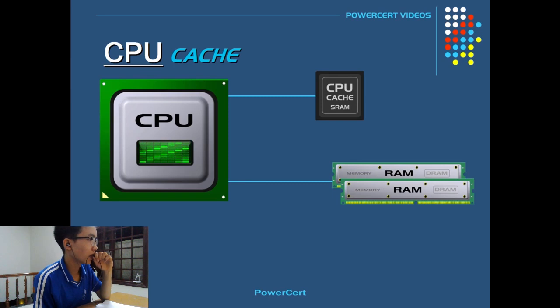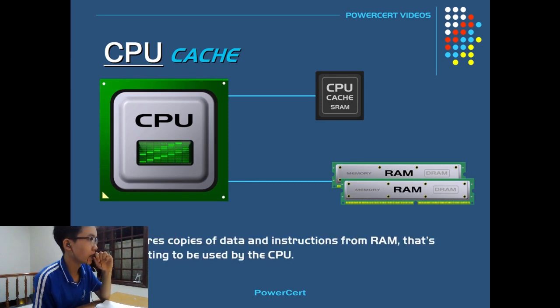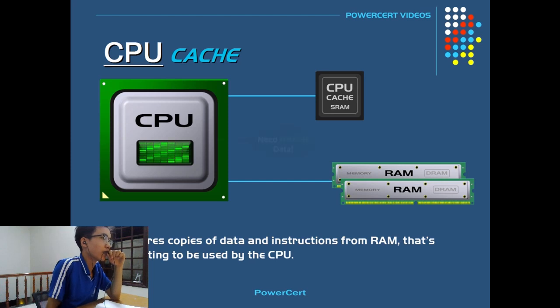The CPU cache is the CPU's internal memory, and it is for copies of data and instructions from RAM just waiting to be used by the CPU.